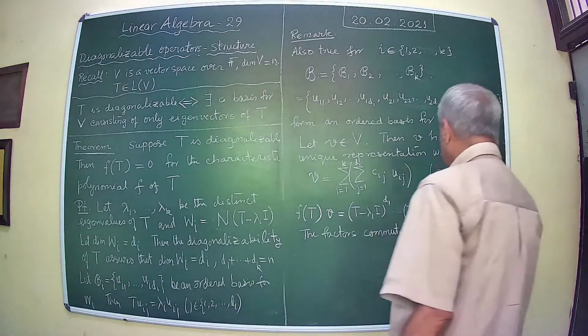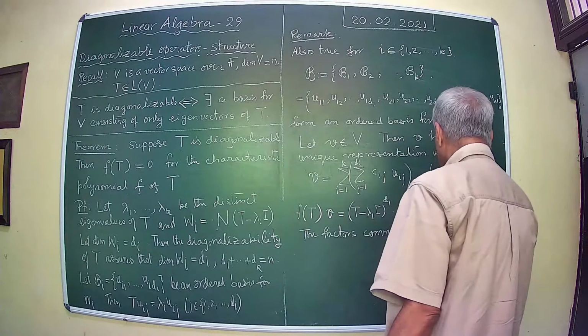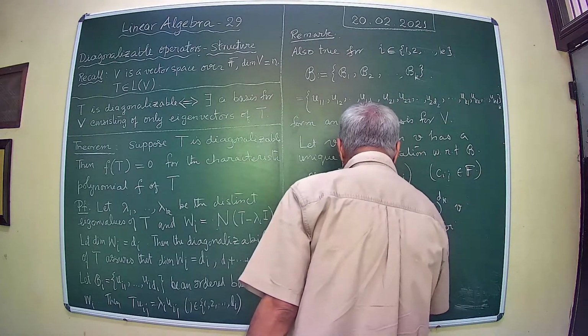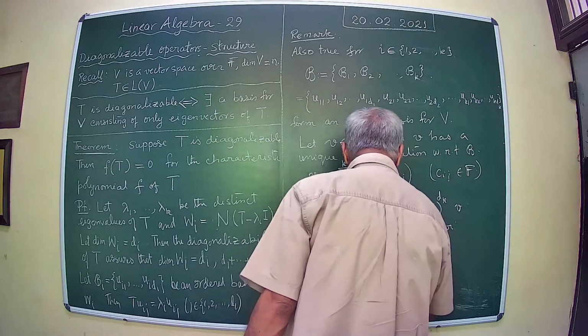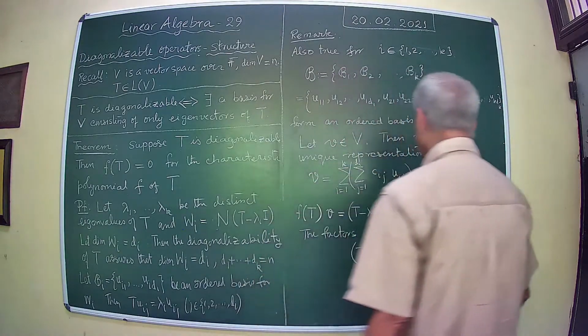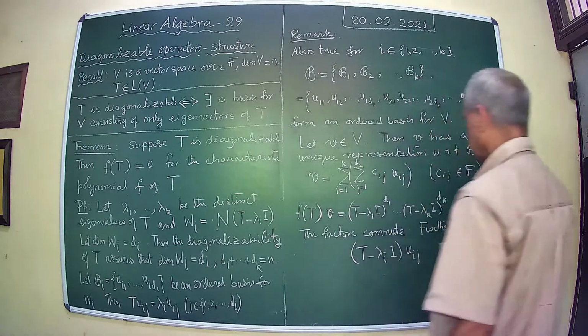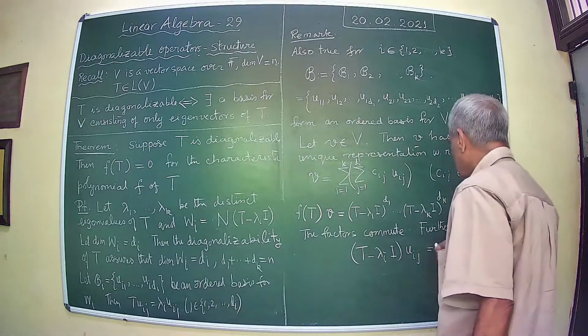And further, (T minus lambda i I) of u_ij is equal to 0.